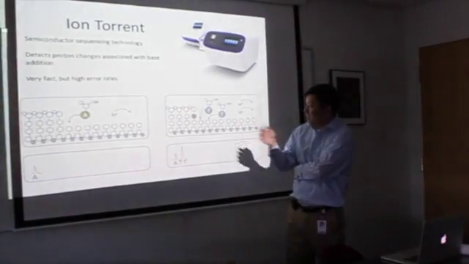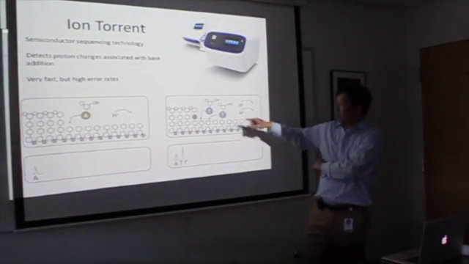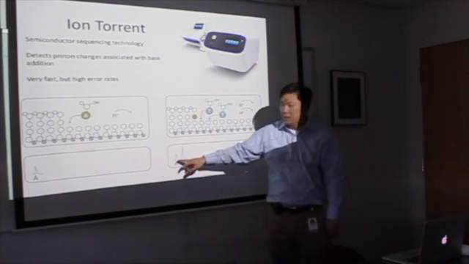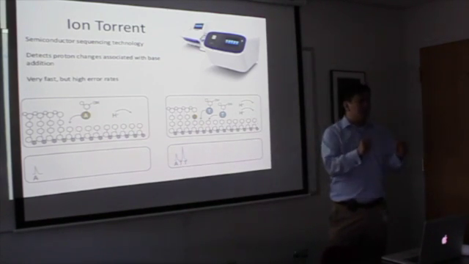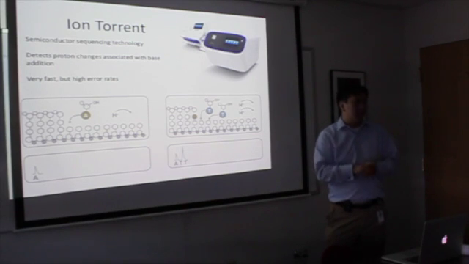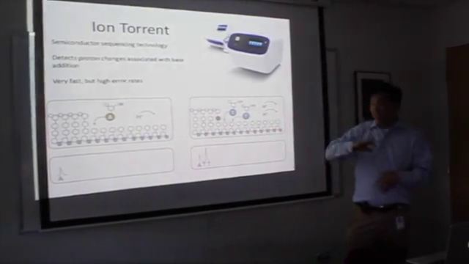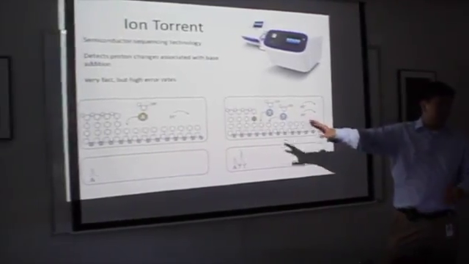They have probably the largest number of clinical ready tests in the clinic. So this one works by detecting the protons being emitted when you add in a nucleotide. It's not imaging, it's kind of a digital readout, basically sensing pH. So it's super fast, but crazy high error rates.